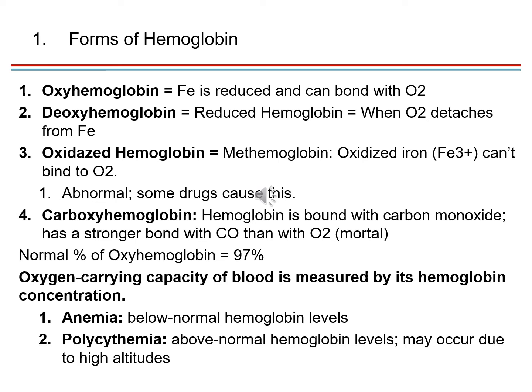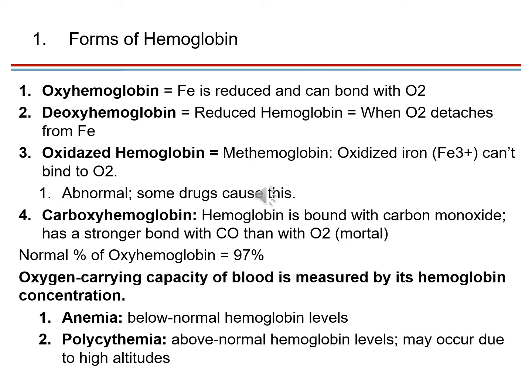Now, the normal percentage of oxyhemoglobin is 97%. That is most of the time when it's emerging from the left ventricle. When it's emerging from the left ventricle, that hemoglobin is fully charged in oxygen.